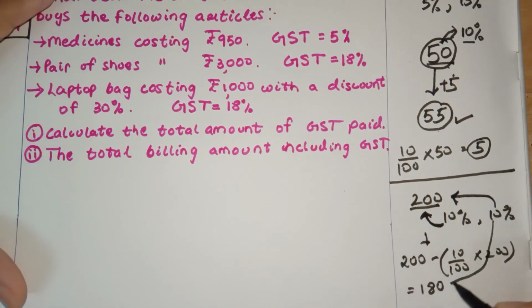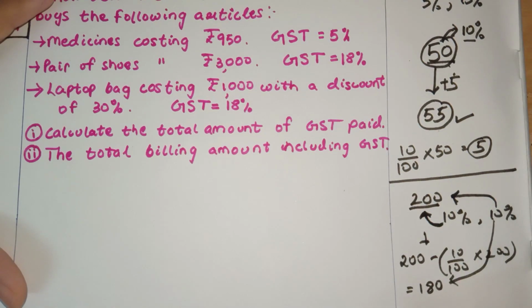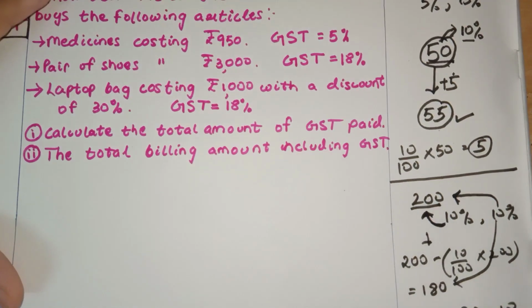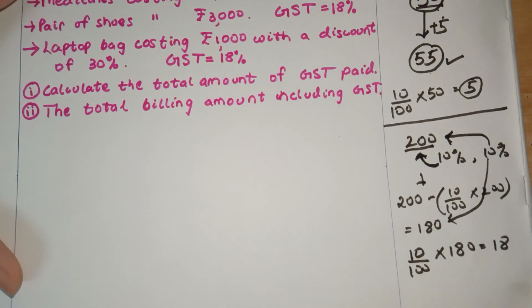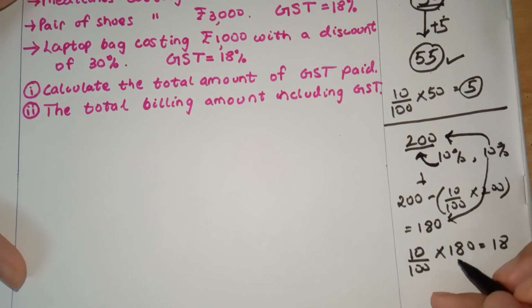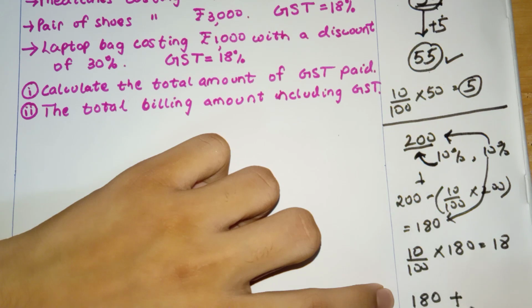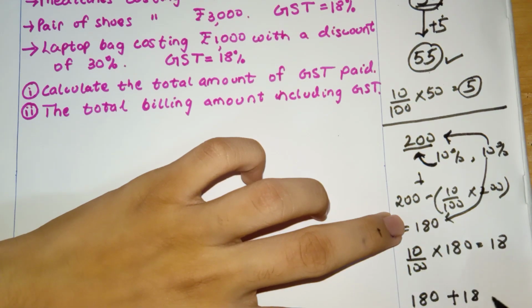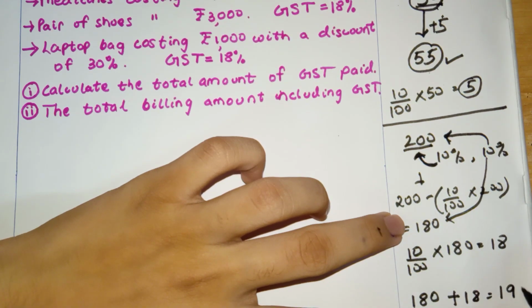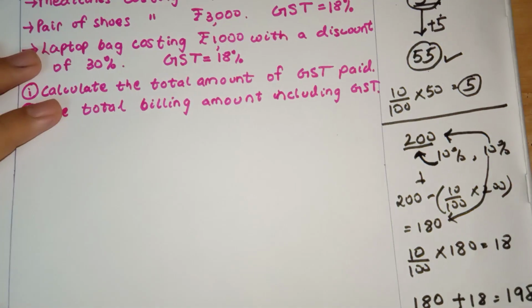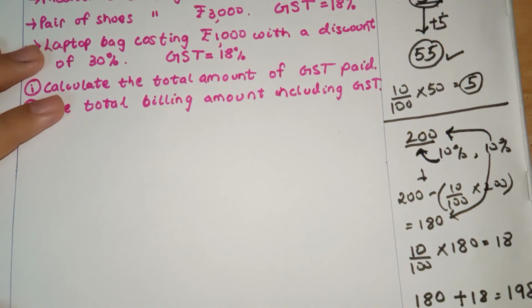Now the GST would be applied on this 180 rupees. So the GST is 10 by 100 into 180, which is 18 rupees. This is the GST we have to pay. So the final price we pay to the shopkeeper is 180 plus 18, which is 198.